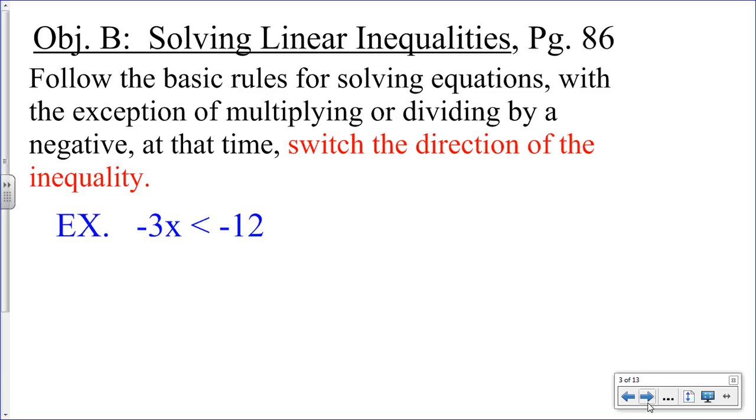Okay, so the solving here is not too hard. I want to get x by itself, so what should I do? Divide by -3, but since I'm dividing by a negative, I need to switch the sign. -12 divided by -3 is +4.